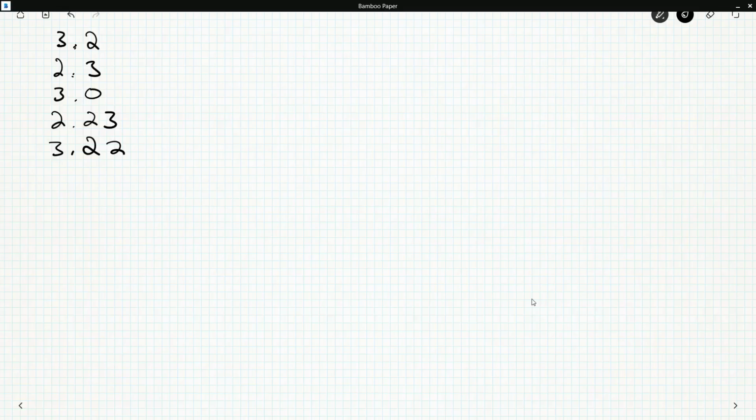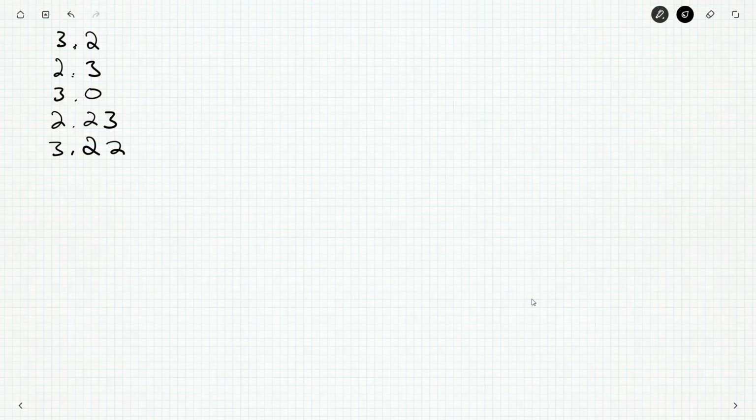When we're doing decimal numbers, we read from left to right, and the biggest number in a particular column might lead you to the biggest number.